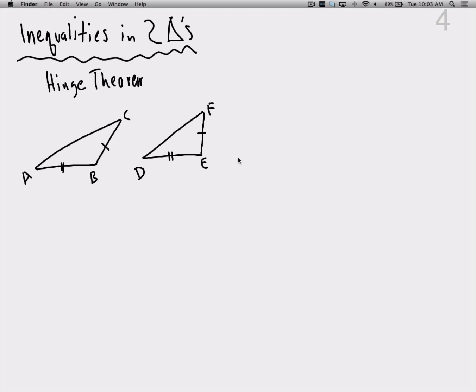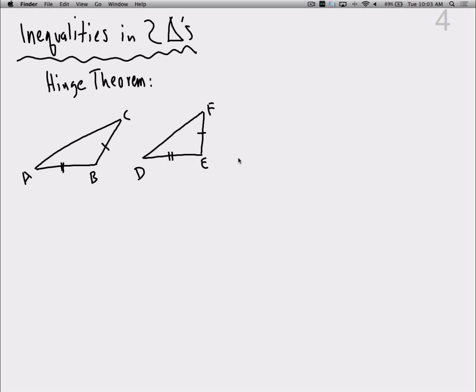You all know what a hinge is, right? The thing that opens the door. The Hinge Theorem has some requirements: we have 2 pairs of congruent sides in 2 different triangles, which I have up there. AB is congruent to DE, and BC is congruent to EF.